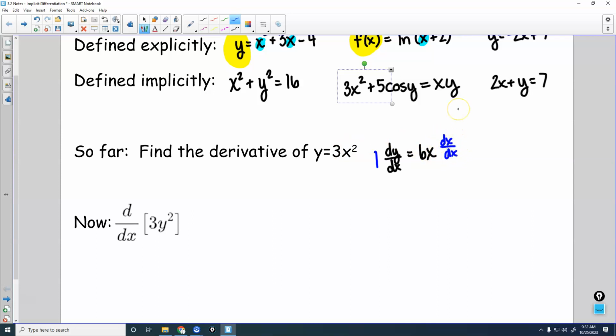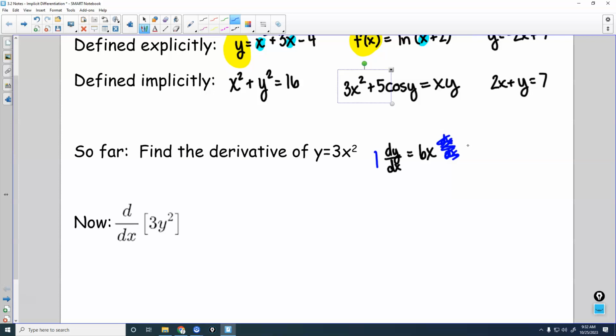But dx over dx is unnecessary to write because that would just be 1. So we haven't been writing that. Whenever we take the derivative with respect to the variable that we're taking the derivative of, we don't have to put anything special with it. When we take the derivative of 3x squared, we just do 6x, right? We don't put anything special with it.